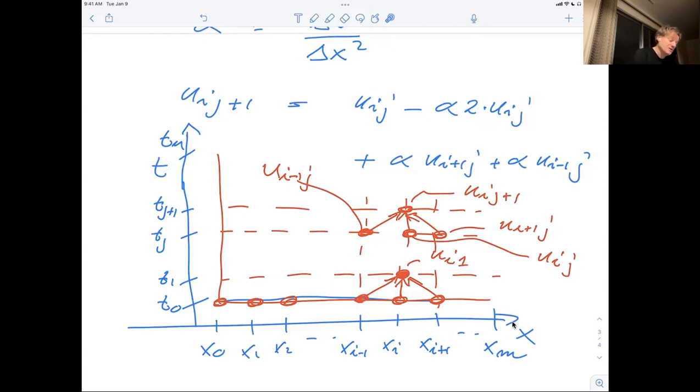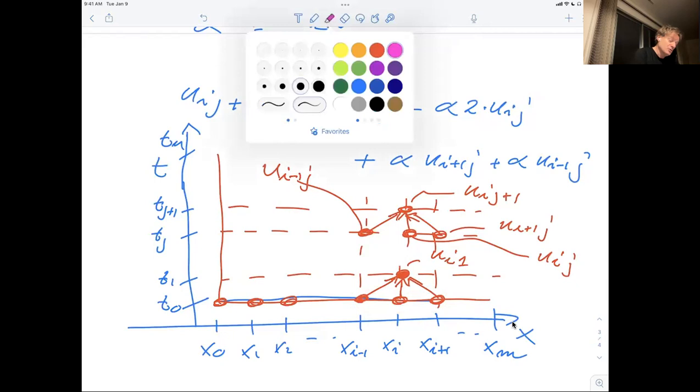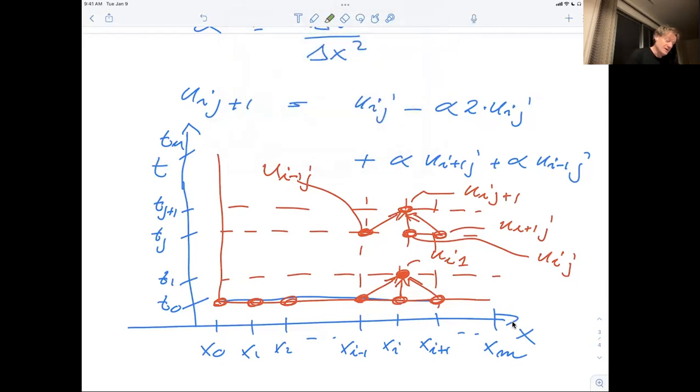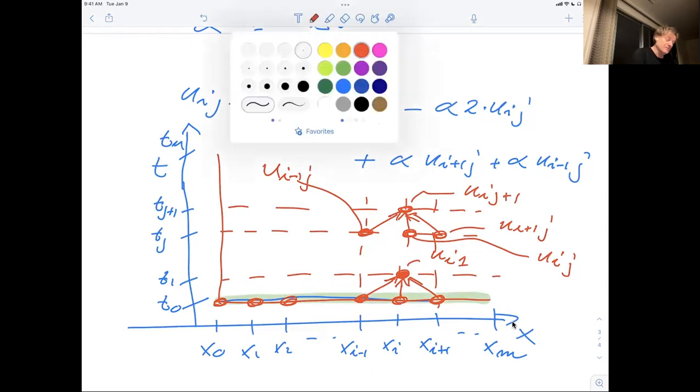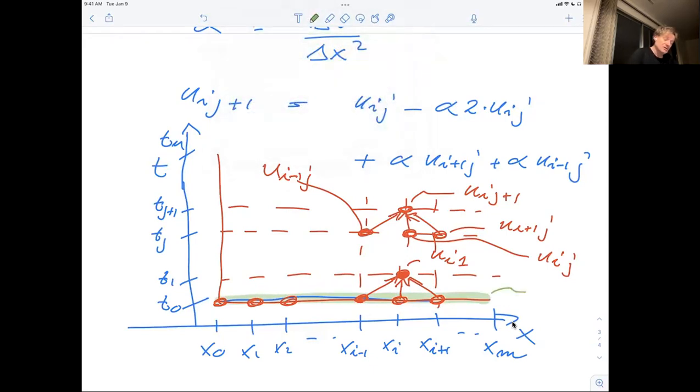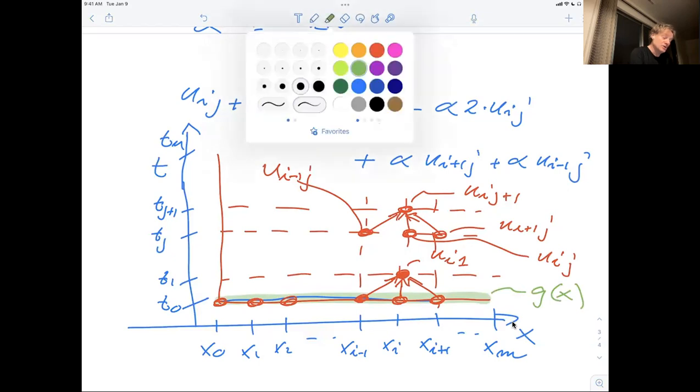So if we wish to mark this now, let's put some more colors into things here. What you would have would be something which now is defined by the initial conditions here. So we know the value. This is given by this function g of x, which we have. And then we have, in addition to that, the boundary conditions.